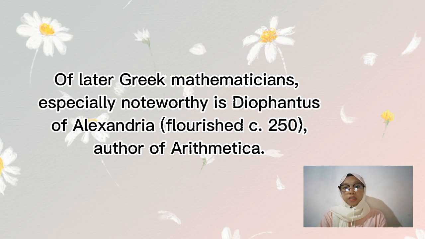But the requirement that the solutions be integers makes the problem more difficult. One answer is x is equal to 6, y is equal to 3, and z is equal to 45. Diophantus' work strongly influenced later mathematics.